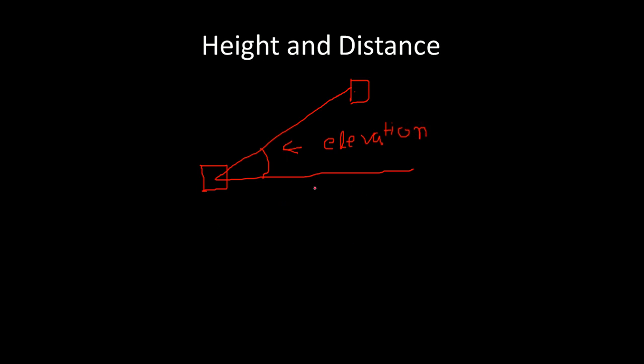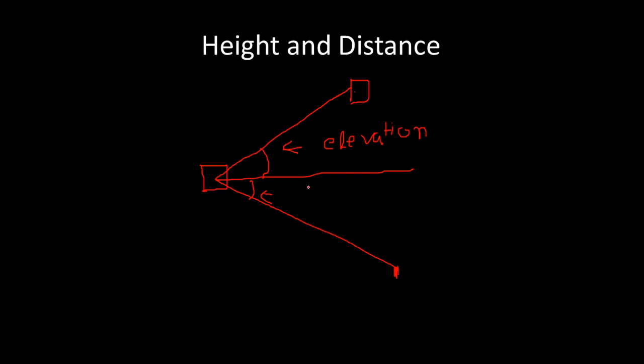But suppose you are viewing a fish. You are standing near the river and you are viewing a fish. This is your horizontal line, and the object you are viewing is below the horizontal line. The line of sight remains the same; we just draw a straight line to the fish.